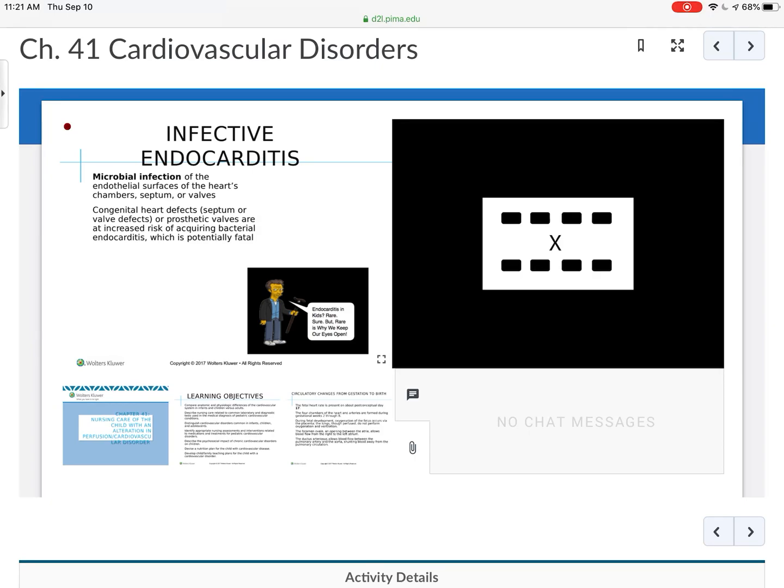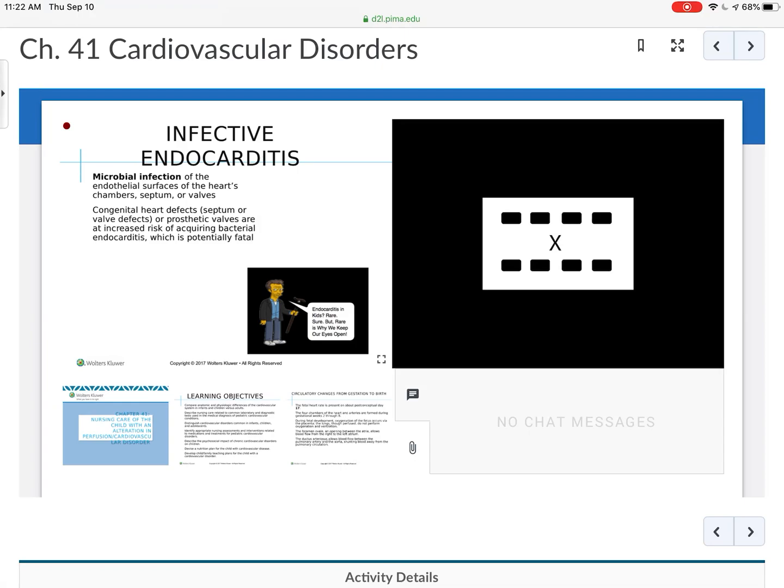Obviously, it's an infection. It can affect the heart chambers, the septum, the valves. Children who have a congenital heart problem or those that have a prosthetic valve in place can have increased risk. Infections from central lines can cause it.